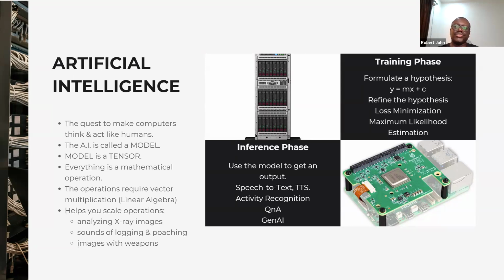In the training phase, you try to get the model or arrive at the model. Now, what you do in the training phase is you formulate a hypothesis. And once you see this hypothesis, it's really very simple and straightforward. Your hypothesis is y = mx + c.